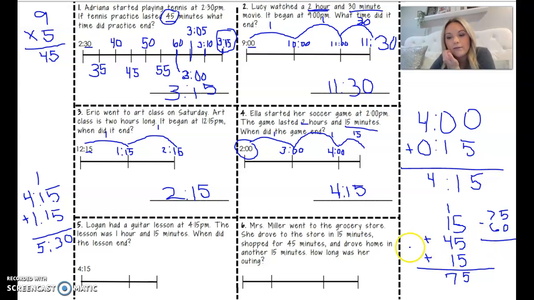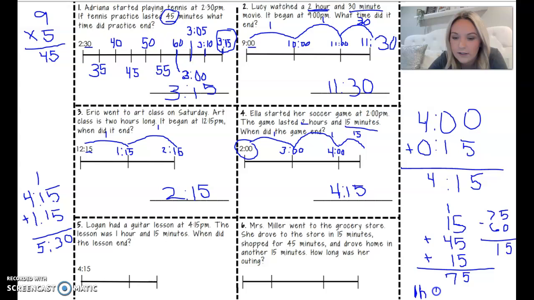Because 75 is over 60 minutes, so 60 stands for 1 hour. So right here I'm going to write 1 hour. And now I got to figure out how many minutes, okay? So that's why I'm subtracting 75 minus 60. So 5 minus 0 is 5. 7 minus 6 is 1. So for 1 hour and 15 minutes, she was at her outing.